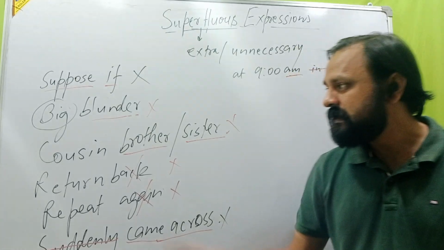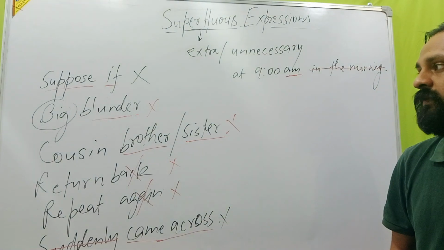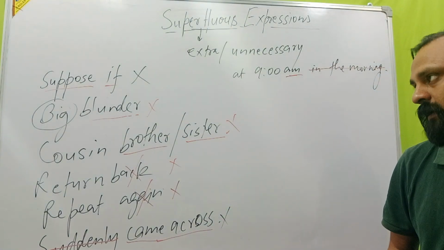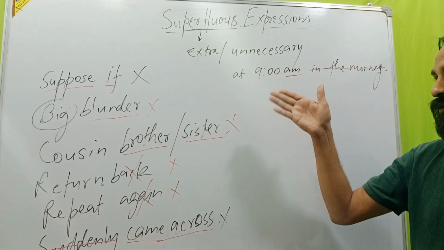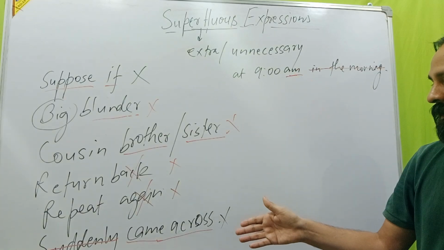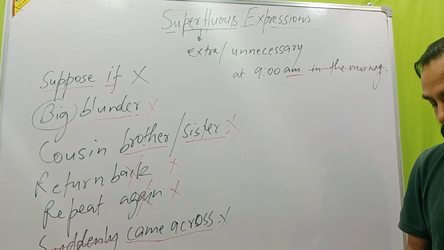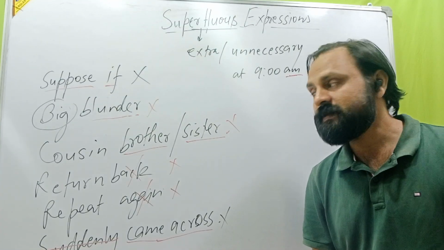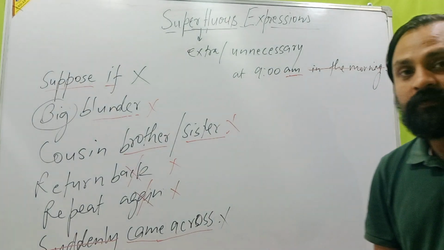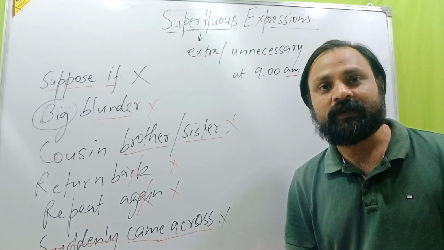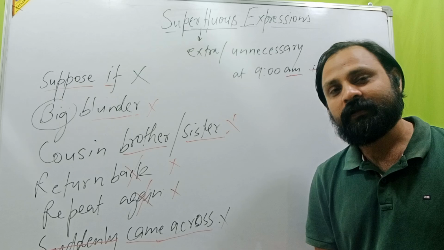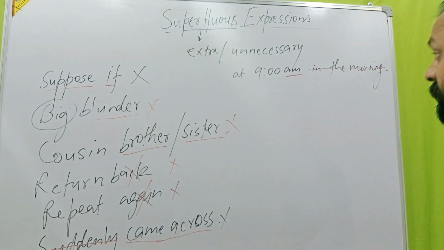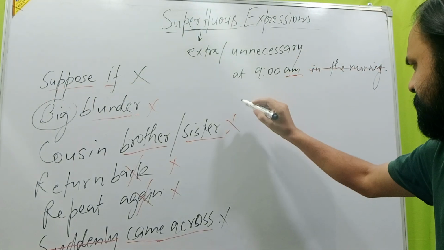They dope the sentence with these kinds of errors. So if you are a student preparing for competitive exams, this is important for you. And if you are interested in learning correct English, then again, this is important for you.